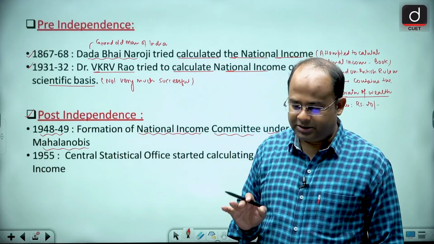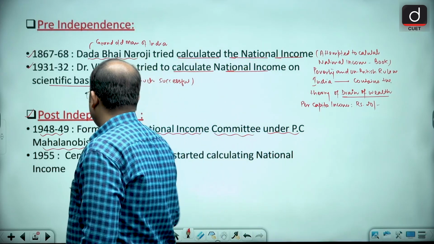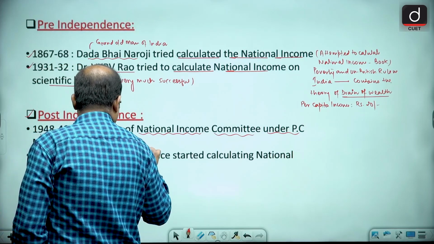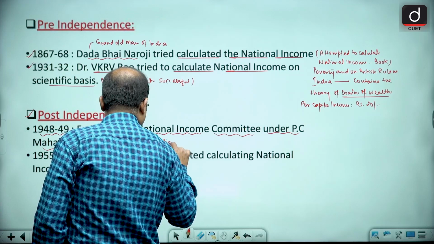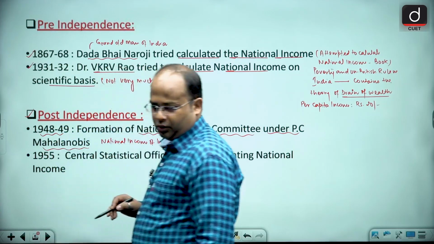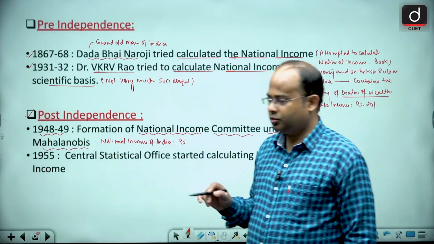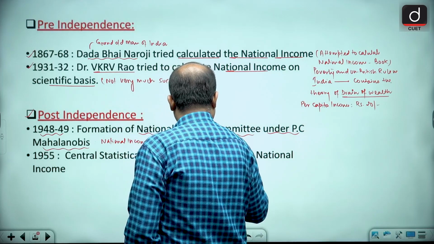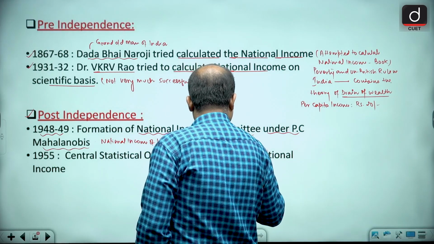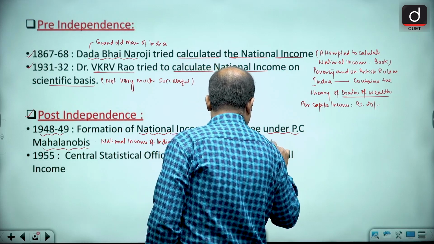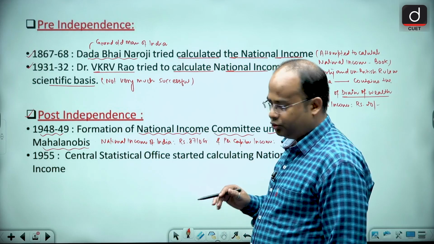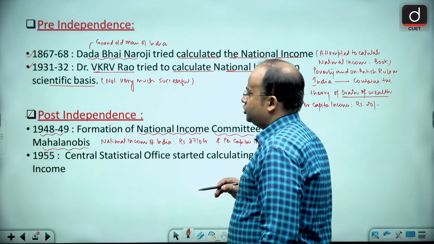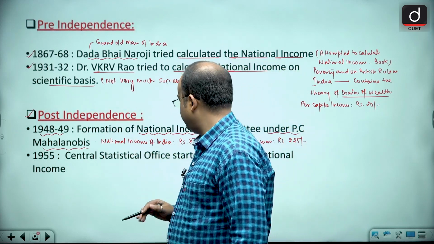When the national income was calculated, he said that the national income of India was rupees 8710 crore, and the per capita income was rupees 225.